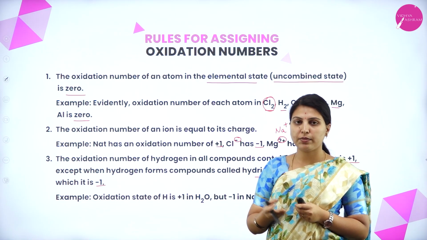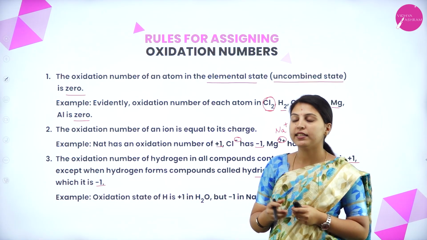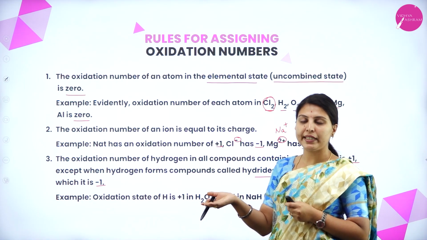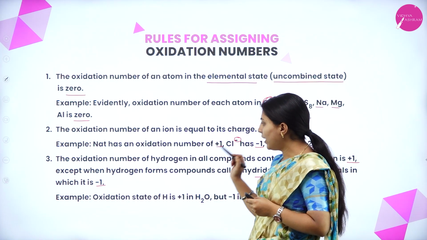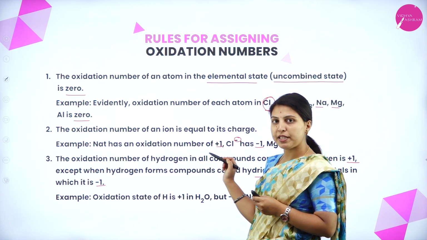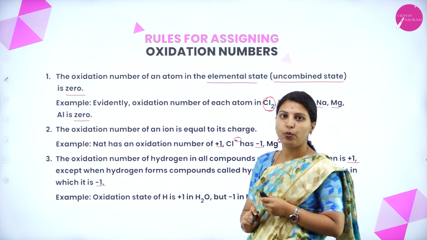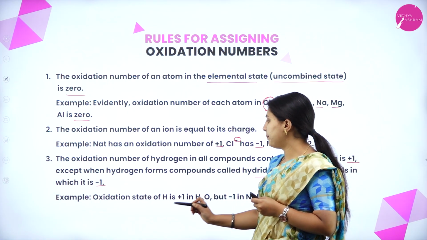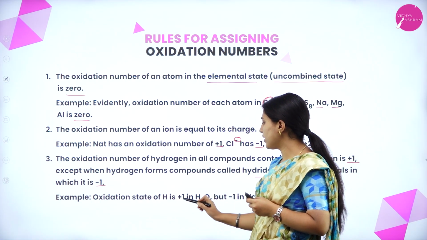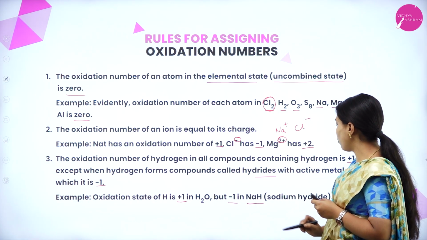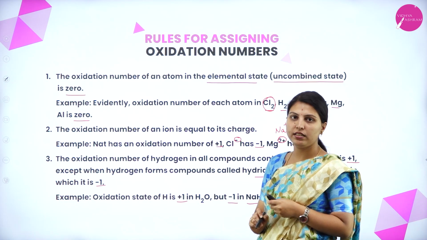You know that s-block elements are usually metals. So, if hydrogen reacts with metals, it forms hydrides, and the hydrogen present in a hydride has oxidation number -1, not +1. Example: the oxidation state of hydrogen is +1 in water, but in NaH, that is sodium hydride, it is -1.